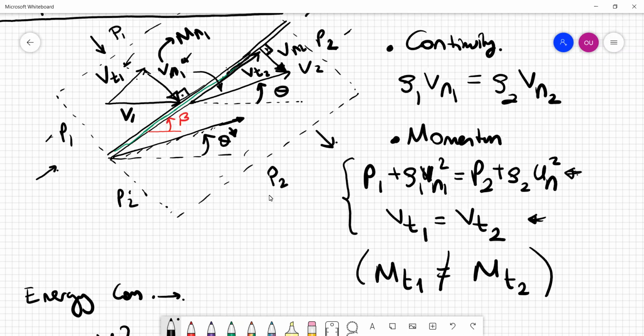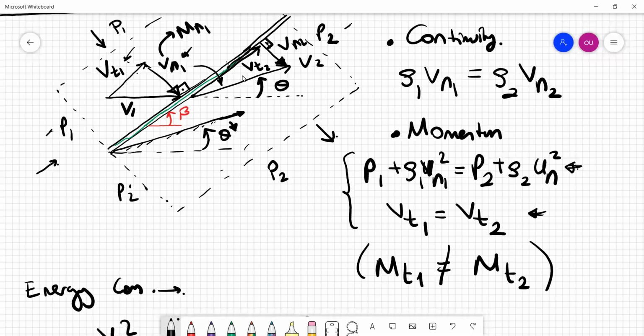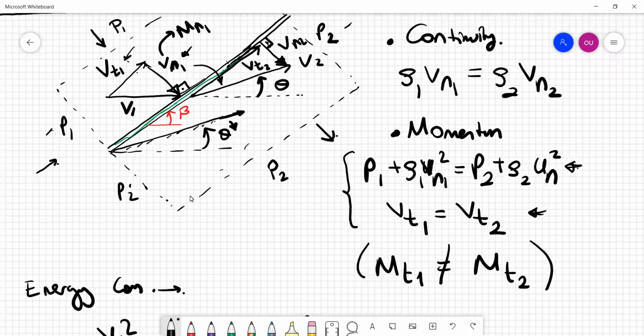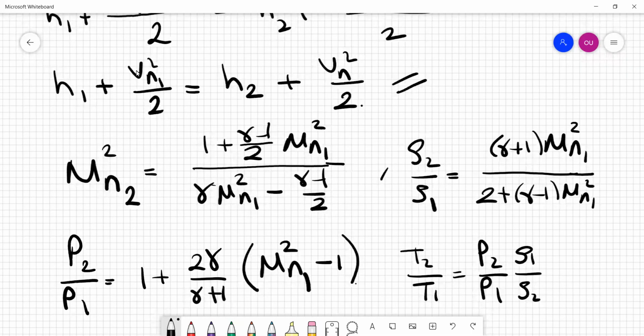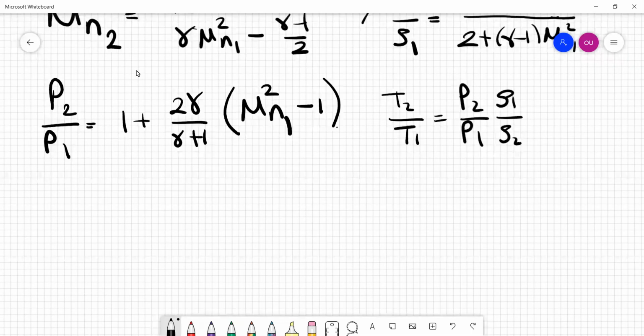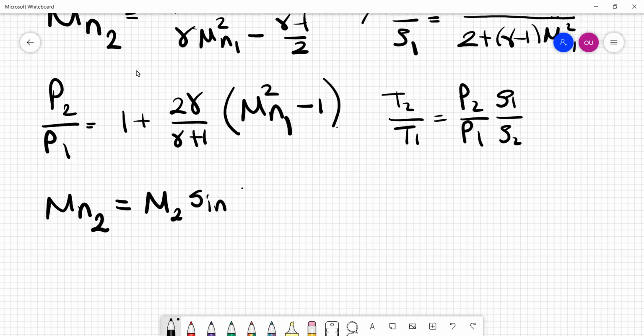In fact, just by using the trigonometric relations that exist in this geometry, you can write an expression, for example, for the normal Mach number Mn2. This is basically M2 times sine of (beta minus theta) from this geometry. I will scroll up again for a second.